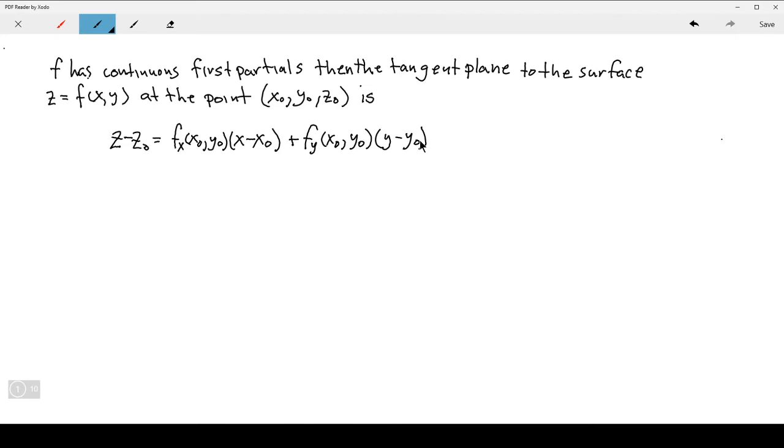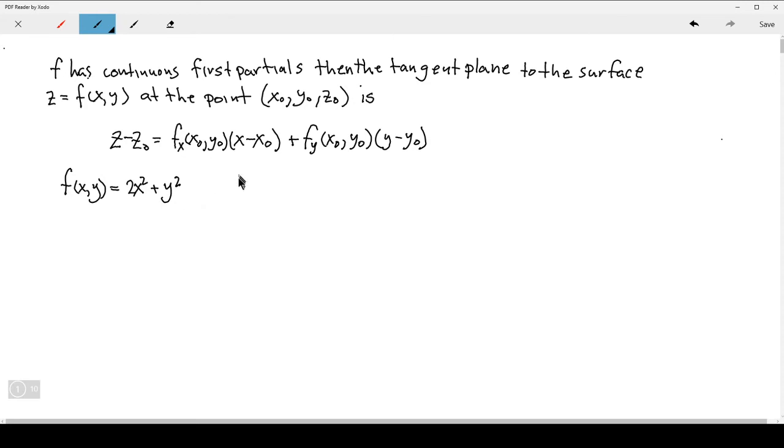You should recognize the general formula for a plane at this point. So fx and fy are acting as our vector for the plane. So if I have f of x, y equals 2x squared plus y squared, I have an upward facing elliptical paraboloid, I believe.